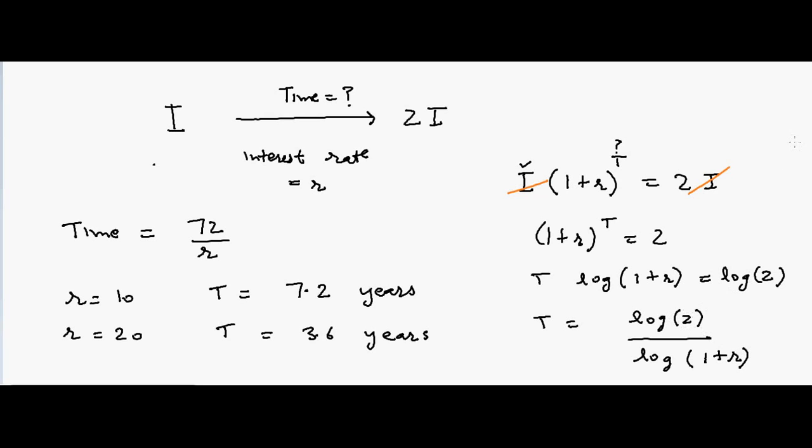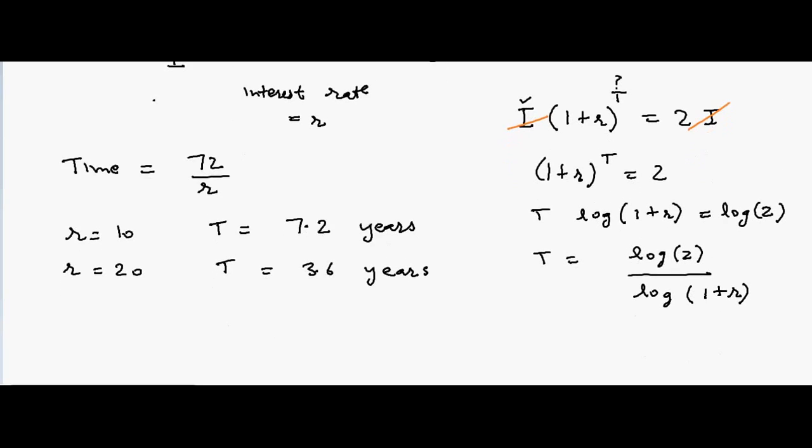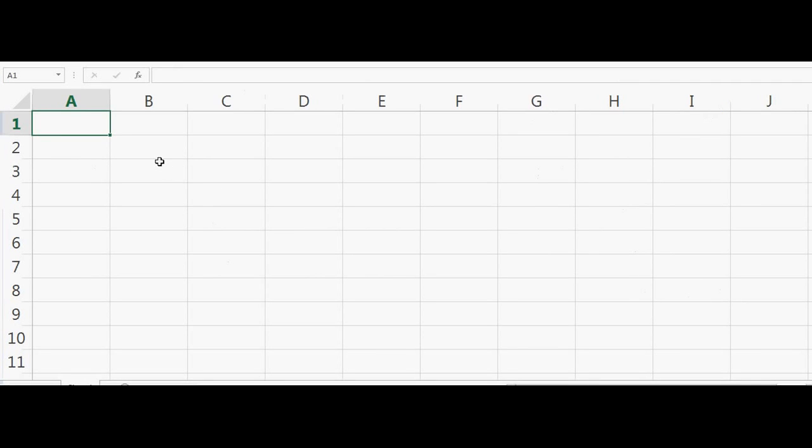So now if I go to Excel and try to solve this equation, suppose we have r, and we start with 2, 3, 4, 5. So this is the rate of interest, and then we have time.